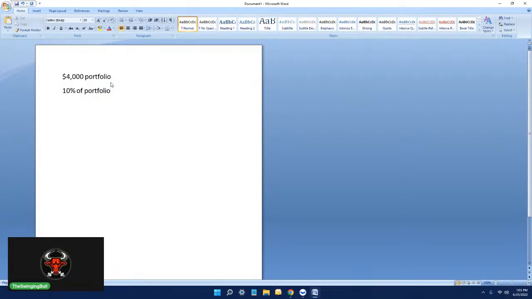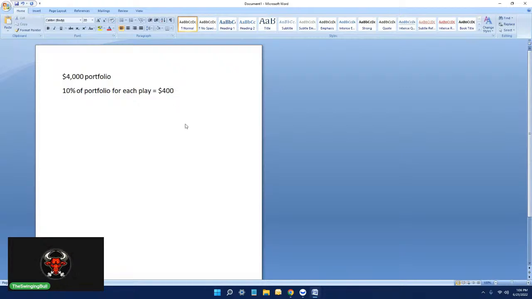So 10% of a $4,000 portfolio is going to be $400 that we should feel comfortable allocating to a play. I have it typed out right on my screen so you can see it clearly. You want to only use 10% of your portfolio for each play. So let me type that out. And so that's going to be $400 for each play.